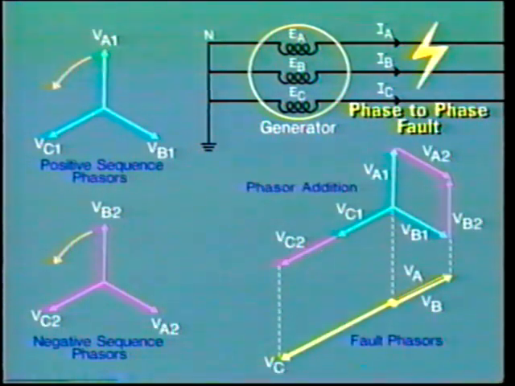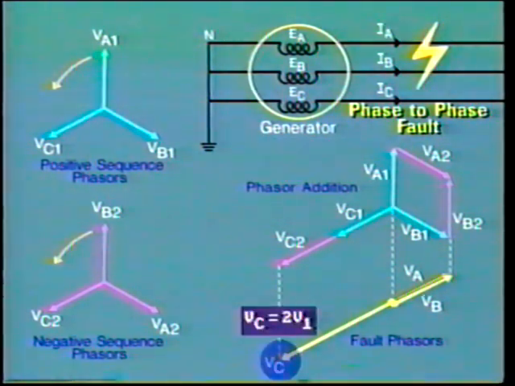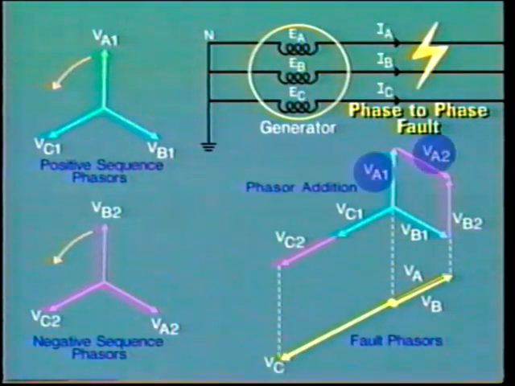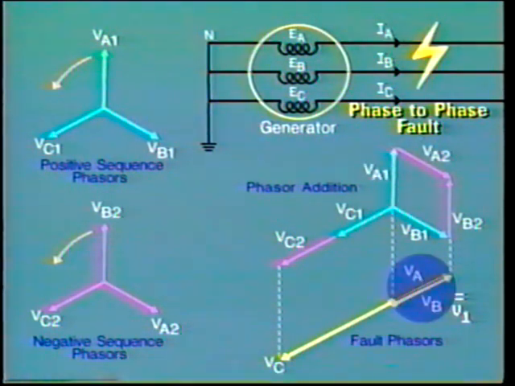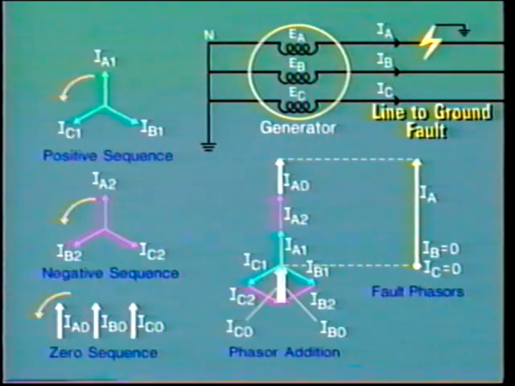6. In a phase-to-phase fault, no zero sequence components are present. The unfaulted phase voltage is equal to 2V1. V1 equals V2. The faulted phase voltage is equal to V1. IF equals root 3 times I1. 7.